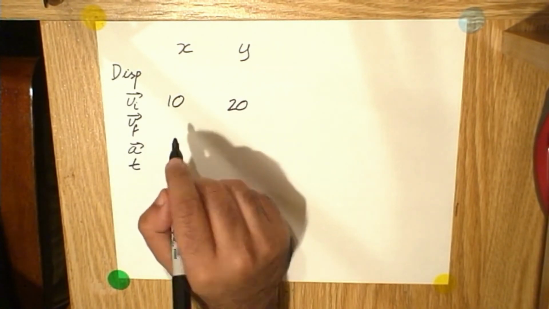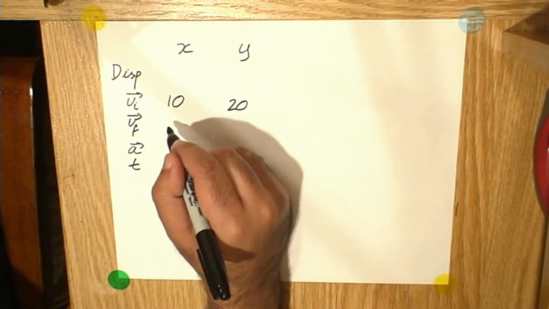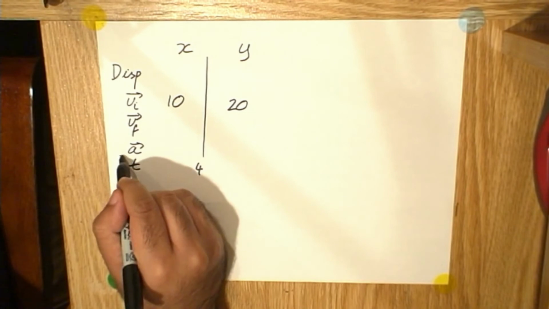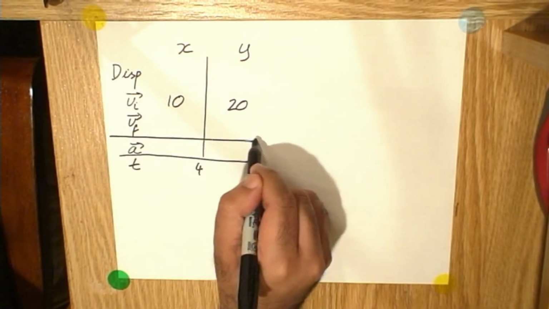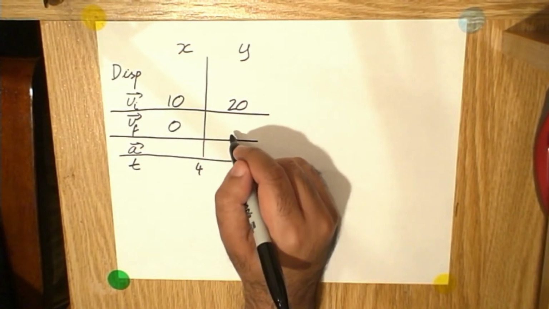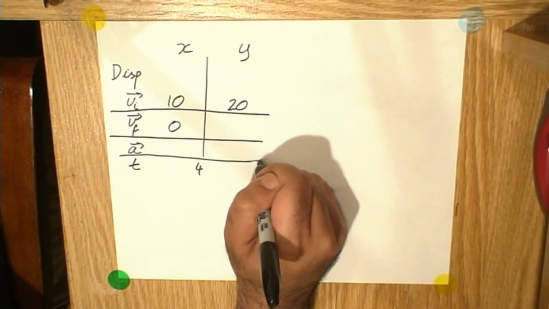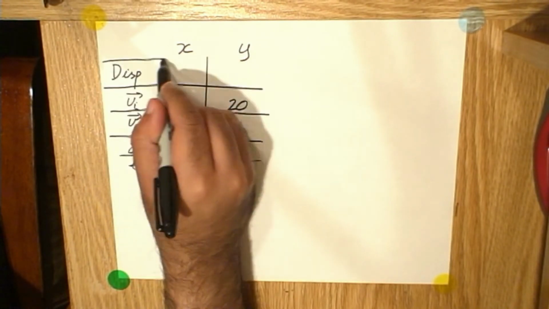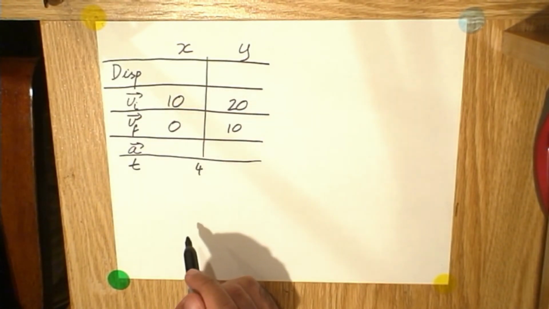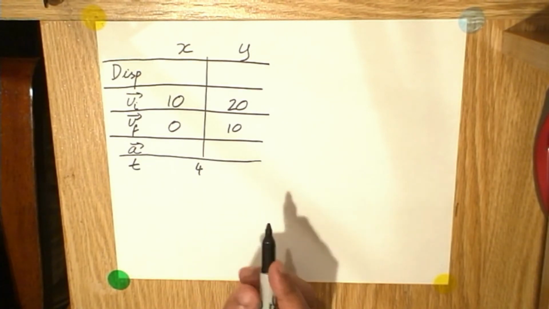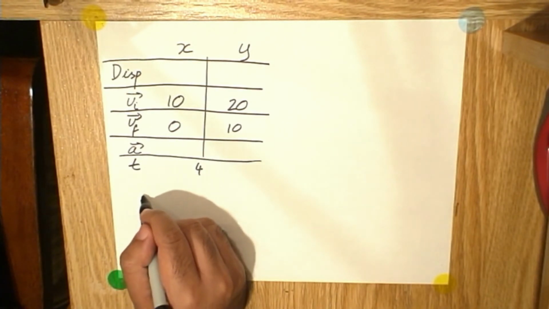The final velocity after a time of 4 seconds was, let me draw this line here so that it becomes a little bit easier to read, 0 in x, and the final velocity in y was 10 j hat meters per second. So the first thing that we're looking for is the acceleration in each direction. No problem, we can use toolbox equation number 1 to do that.